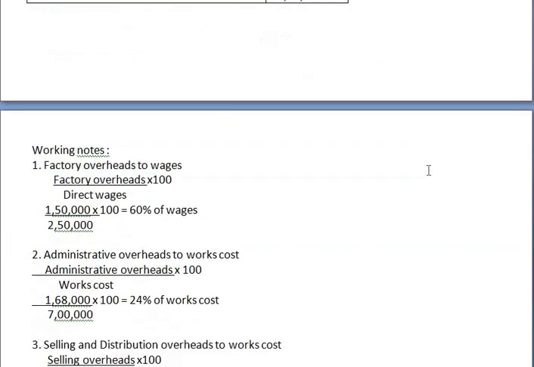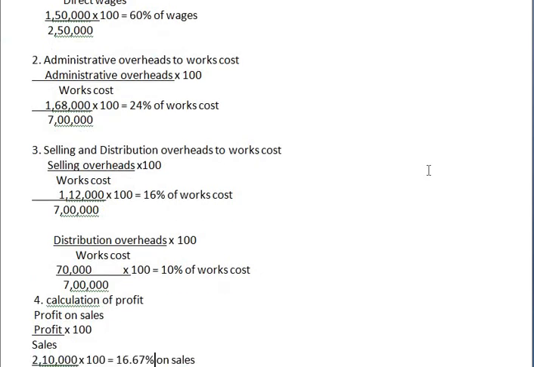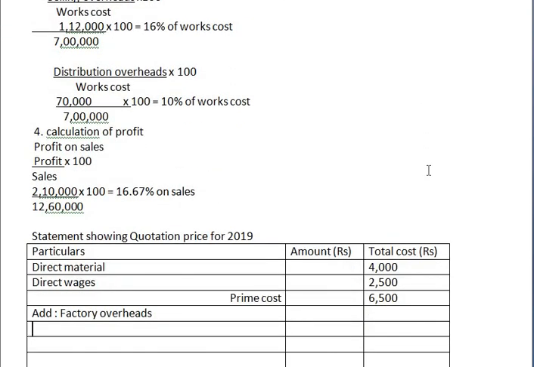First, percentage we will take, that is 60% of direct wages as per the first working note.